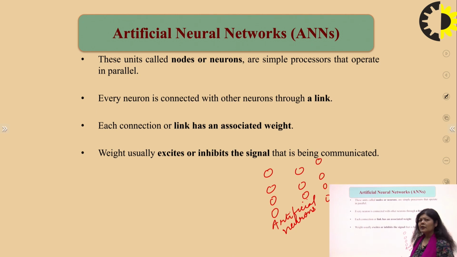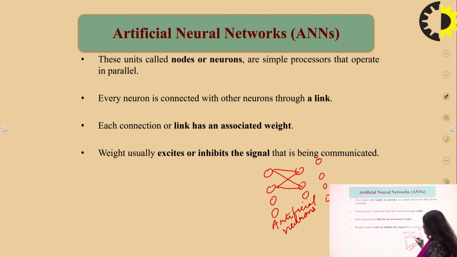We are going to see how many types of these formations, structures or organizations exist practically for these types of networks. For now, we just need to understand that there is a collection of such simple processors with us, and every neuron is connected to the other with the help of a link. This link or connection is between one neuron and the other neuron.